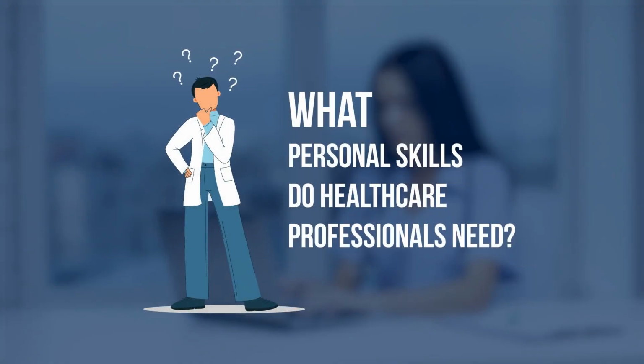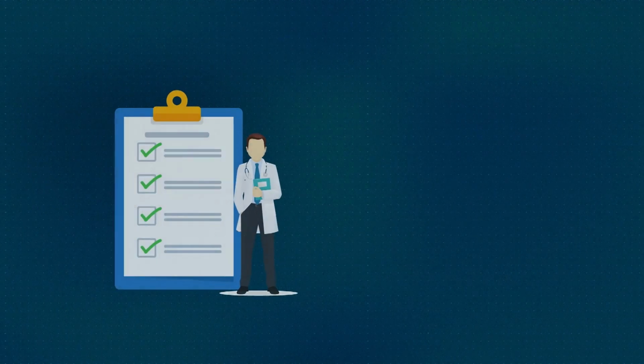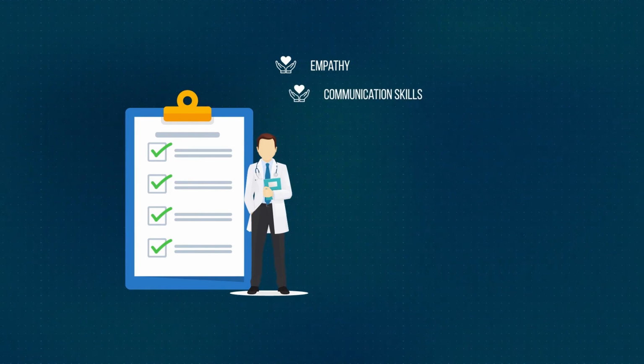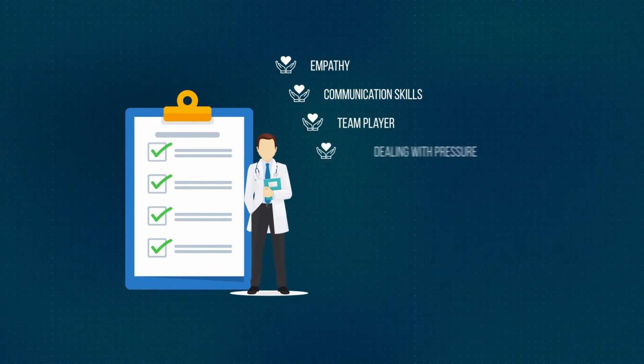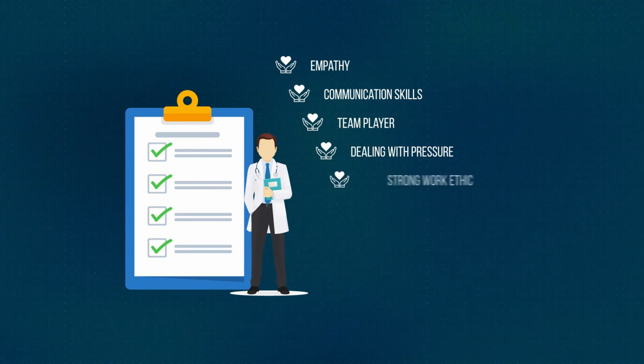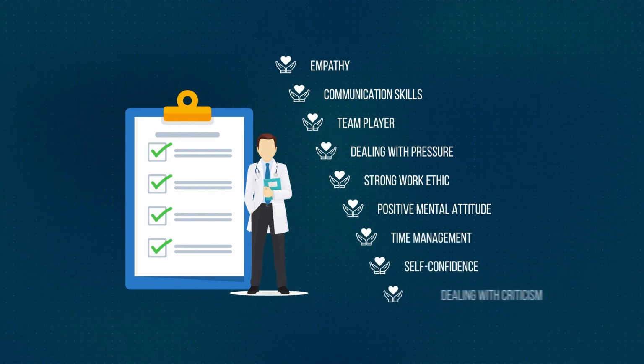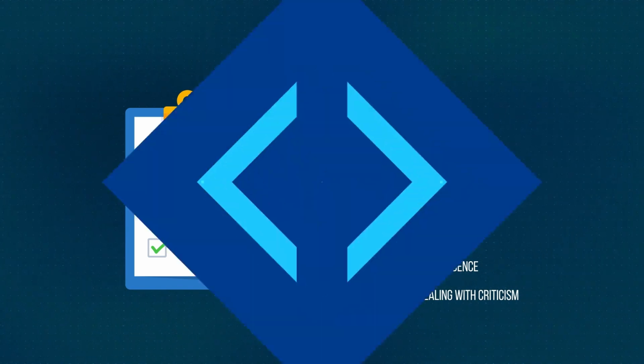So, what personal skills do healthcare professionals need? The personal skills that healthcare professionals need include empathy, communication skills, team player, dealing with pressure, strong work ethic, positive mental attitude, time management, self-confidence, dealing with criticism.